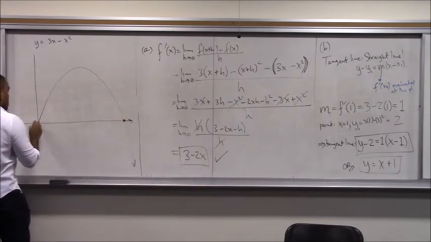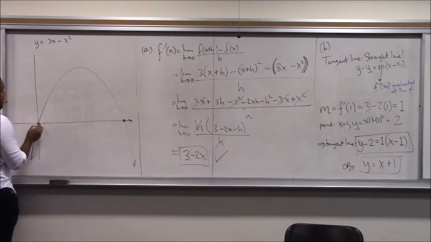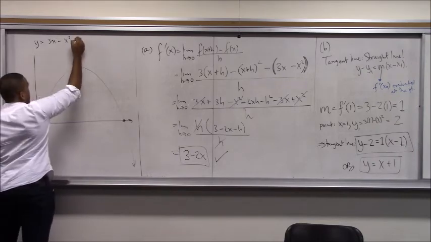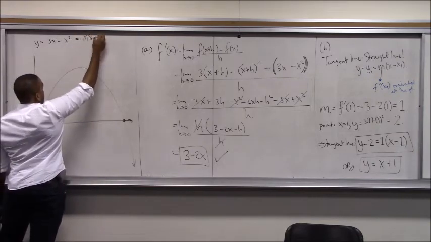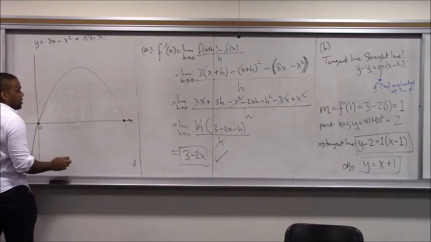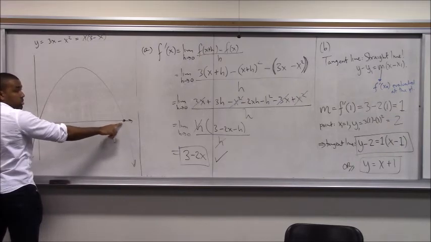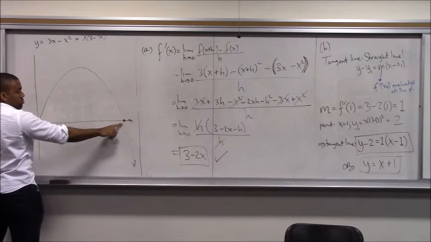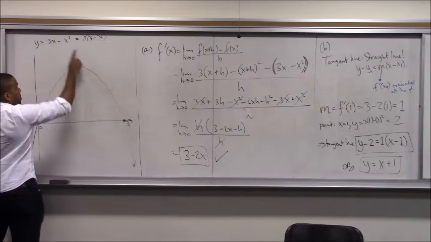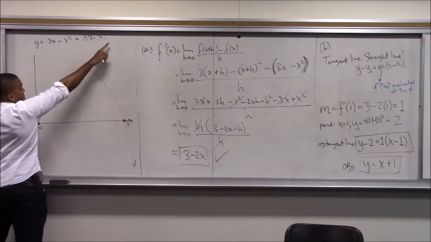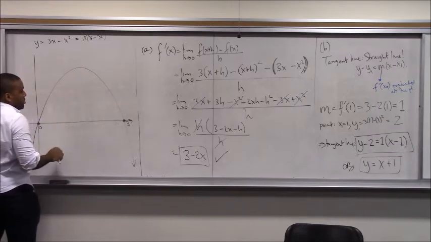What are these intercepts here? That's obviously 0. Where is this point? It's 3. Factor this, set y equals 0, solve for x, and that gives you the x-intercepts.